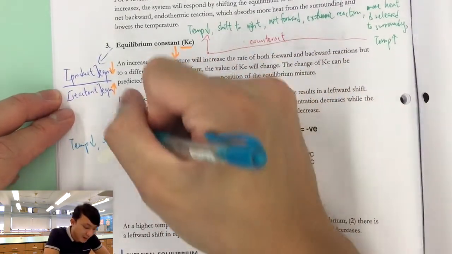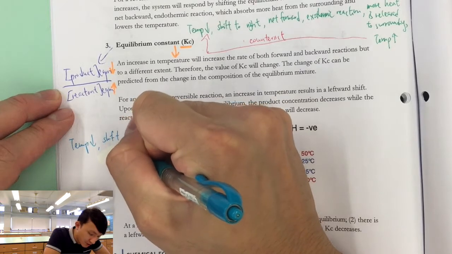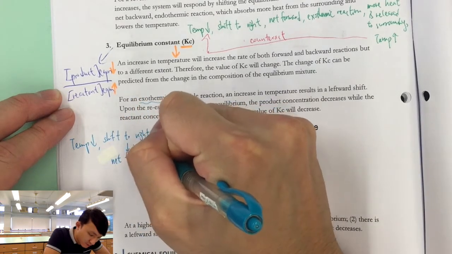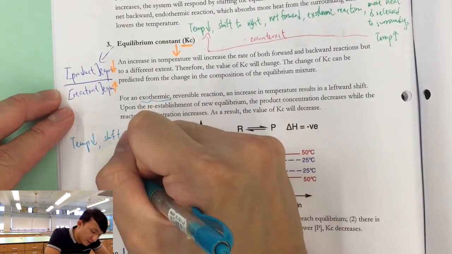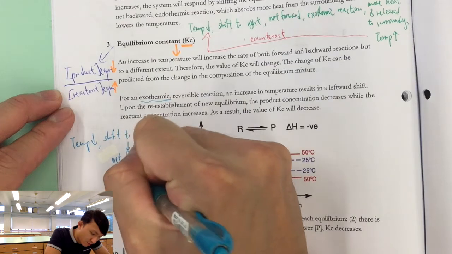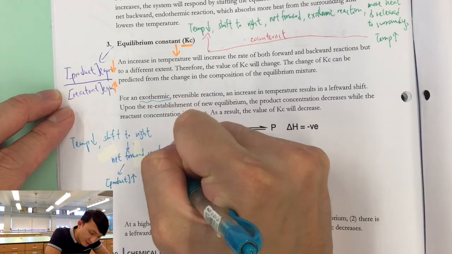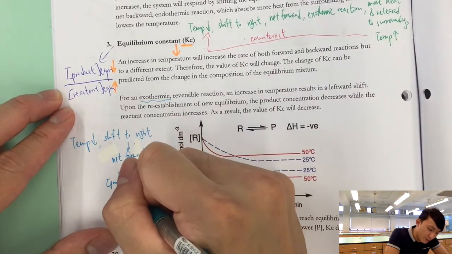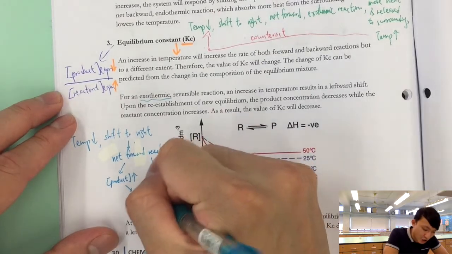Now shifting to the right, that means you will have a net forward reaction. So when you have a net forward reaction, that means you have more product, less reactant. Therefore, Kc will become larger.